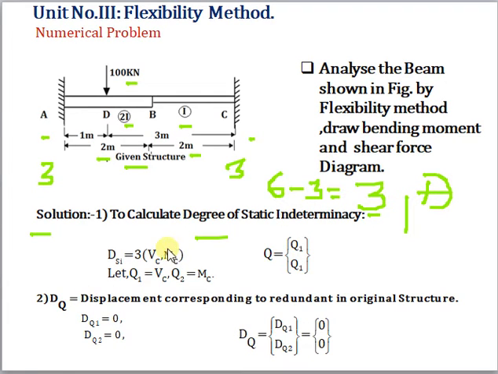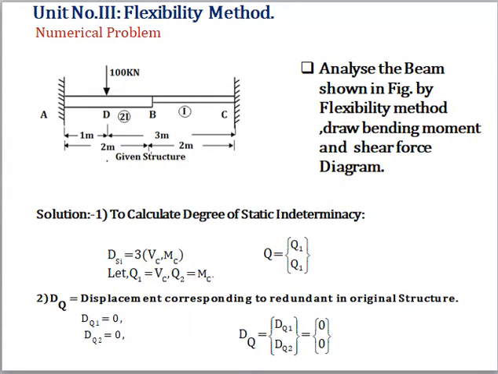So our unknowns, or degree of static indeterminacy, become Vc and Mc at C. Let's consider at C. So at C we have 2 redundants. One is Vc and the second is moment, let's call it Mc. So these are the two degrees of static indeterminacy.